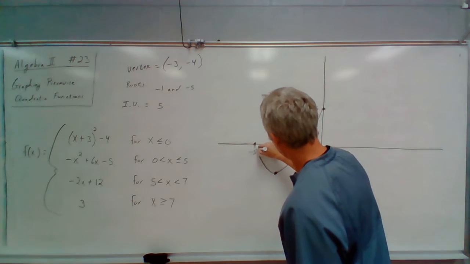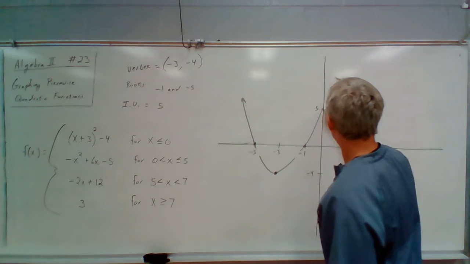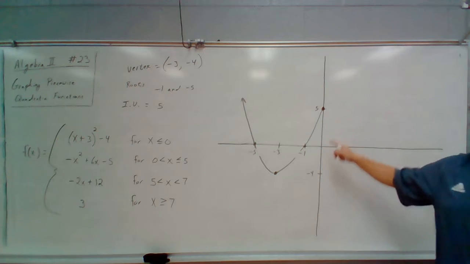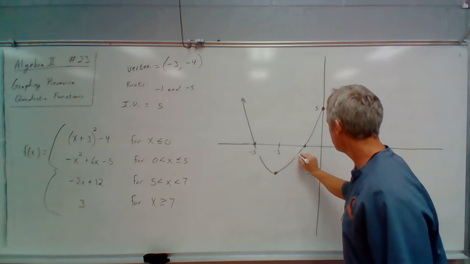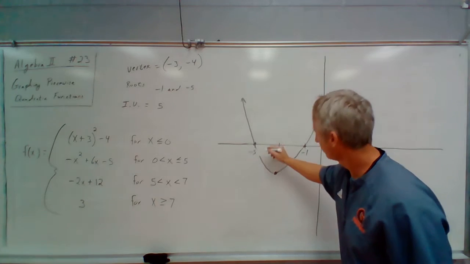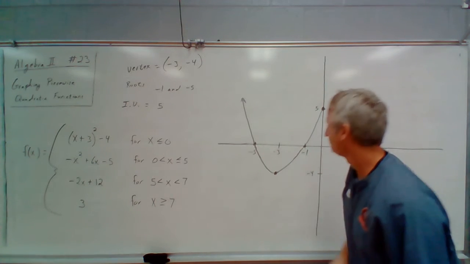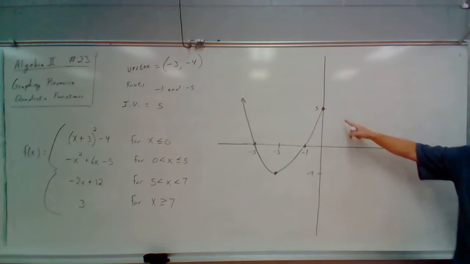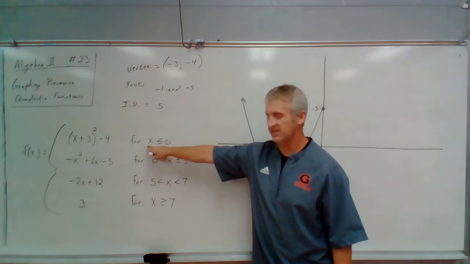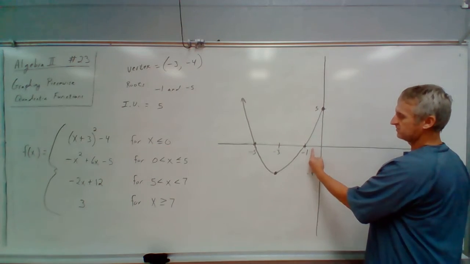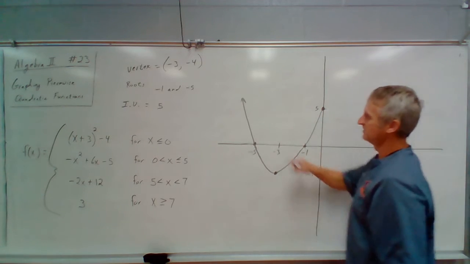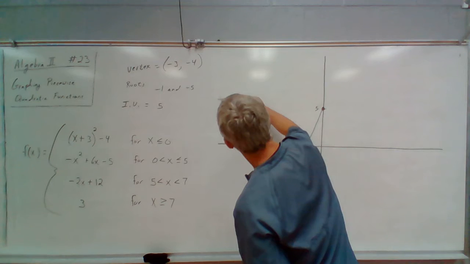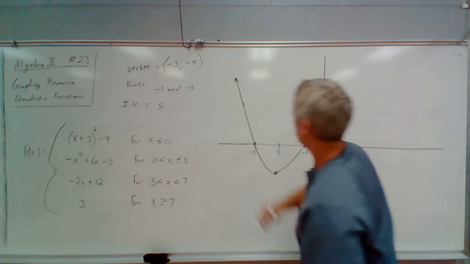It should look like this. Notice that I have to stop here at 5. Let me make that look a little better. I have to stop at 5 because I can only use x values that are less than or equal to 0. I can only use these x values out this way, so I have to stop right here. This side would keep on going forever.